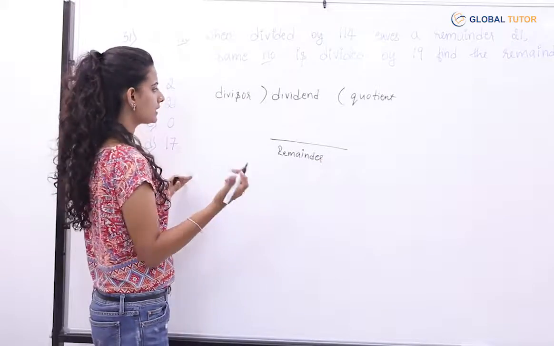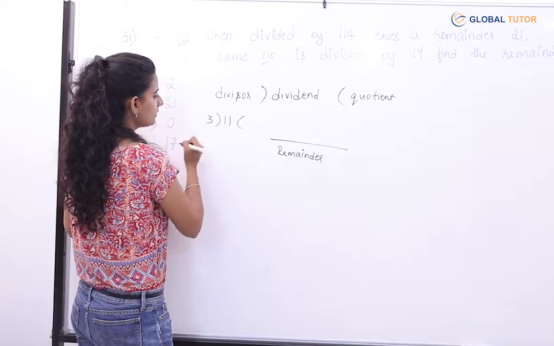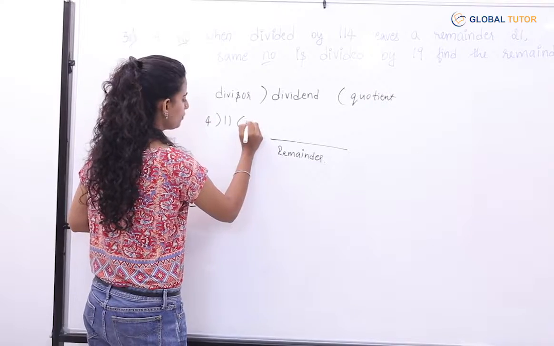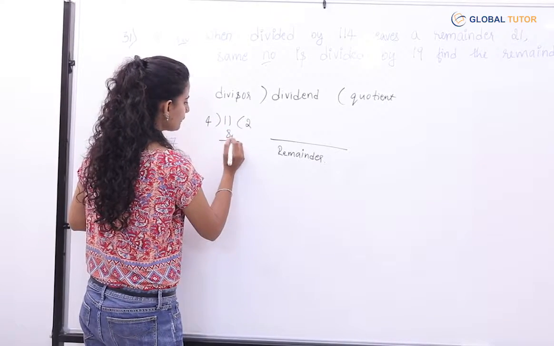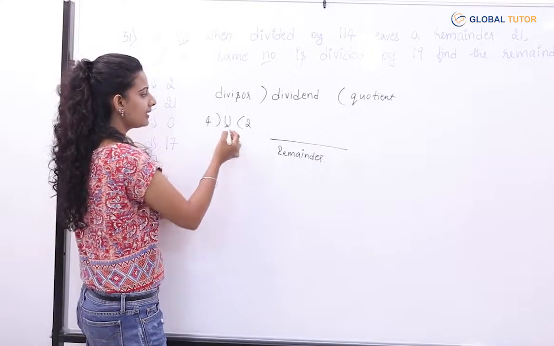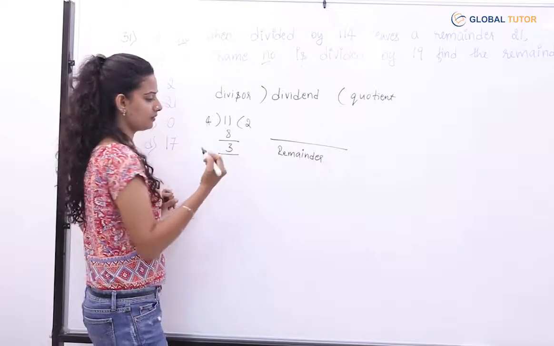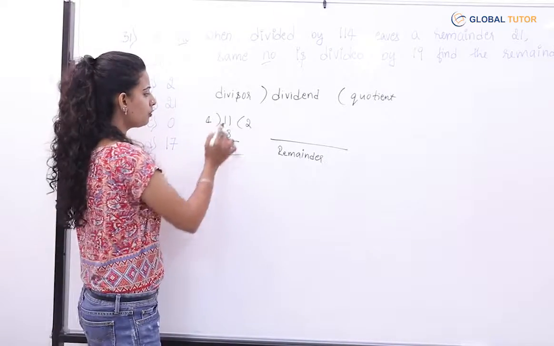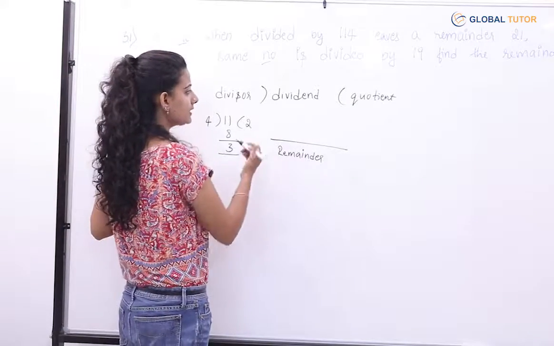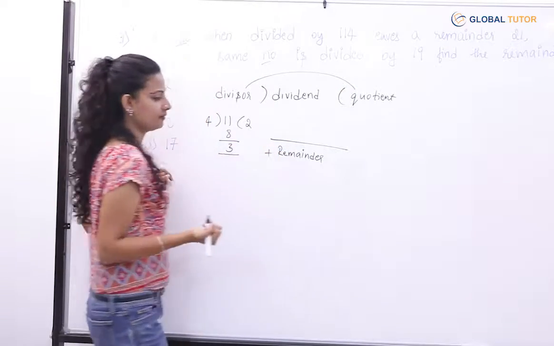For example, take 11 and divide it by 4. 4 2's are 8, you are left with 3. Here 4 is the divisor, 11 is the dividend, 2 is the quotient and 3 is the remainder. So 11 is 4 into 2 plus 3, which means dividend is equal to divisor into quotient plus remainder.